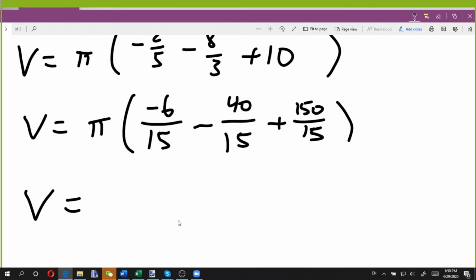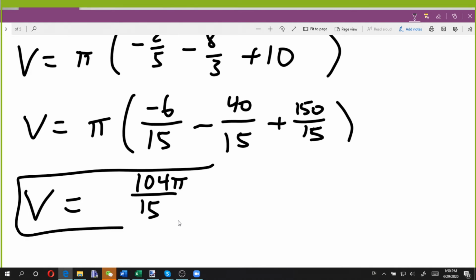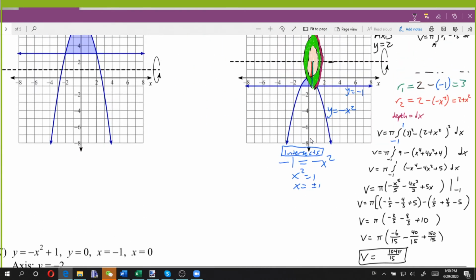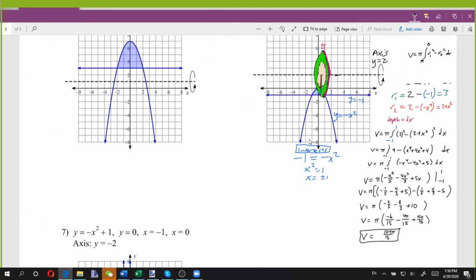So I've got -46 plus 150 is 104 over 15 times the pi I had on the outside. Gives us 104 pi over 15 for our volume. Okay, zoom all the way out. Any questions on anything we did here?